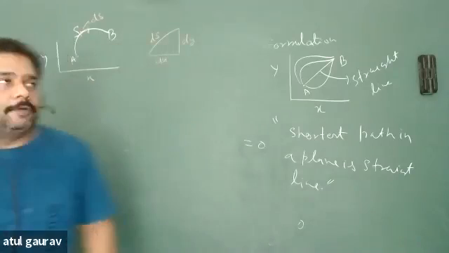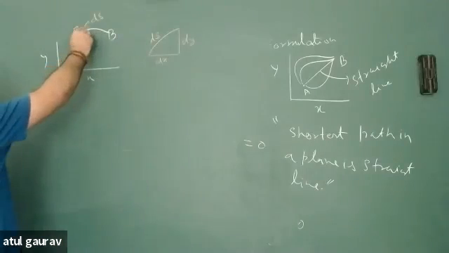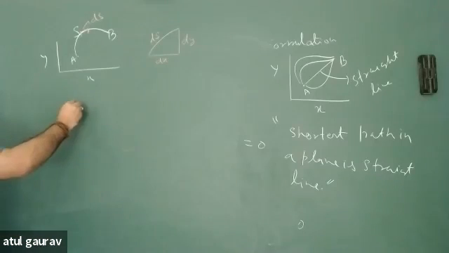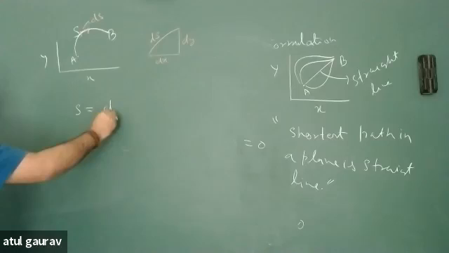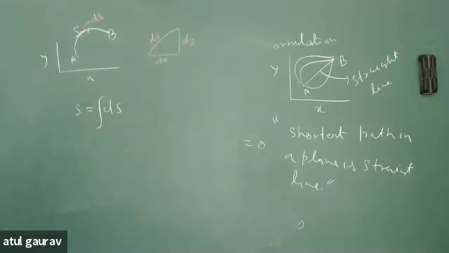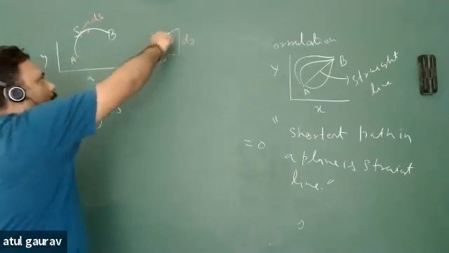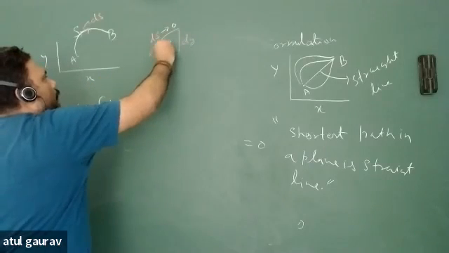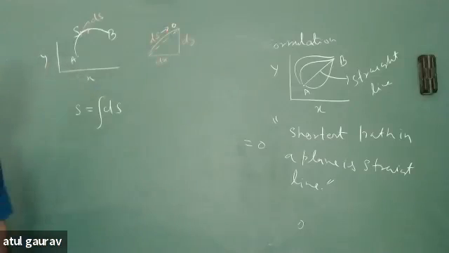So this is a small element ds of the shortest path. When we have a small element ds, what is S? S is the integration of this ds. And if ds is very small, if ds tends to 0, this will be approximately a straight line.